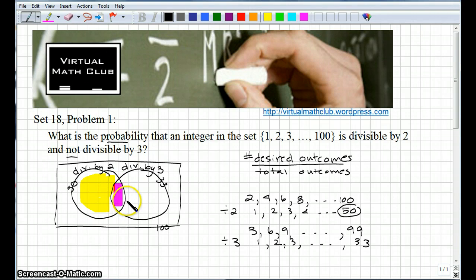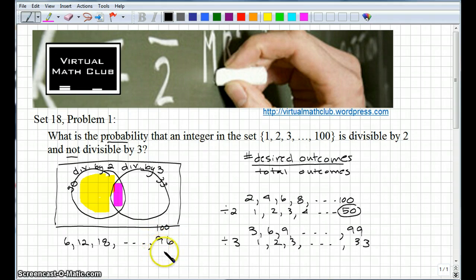So let's figure out how many numbers are in that set. If a number is divisible by both 2 and 3, then it has to be divisible by 6. So the numbers in that intersection are essentially the numbers that are divisible by 6. Let's count those up. We'd have 6, 12, 18, all the way up to what? 96 is divisible by 6, right?